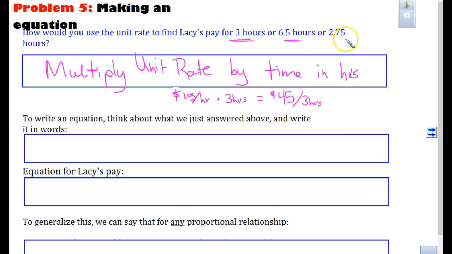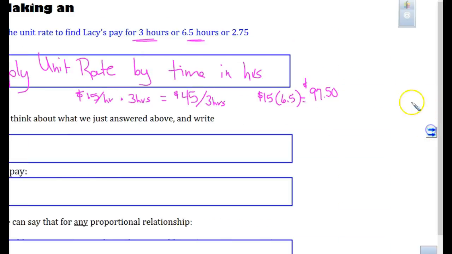How do we figure out for 6.5? 6.5 would not be bad, right? 6.5 hours of work at $15 an hour. Take 15 on your calculator times the 6.5 hours. Jordan, you got? Not bad, right? $97.50 for working 6.5 hours. Okay?